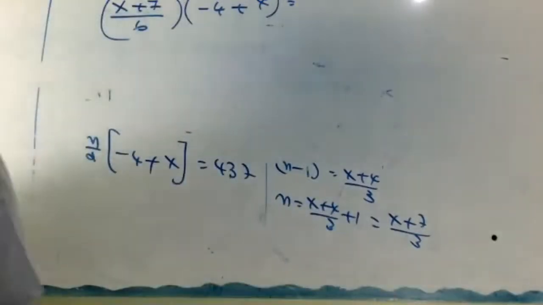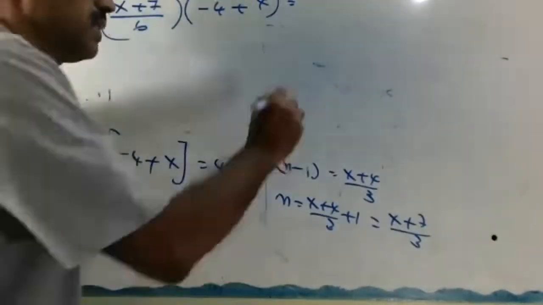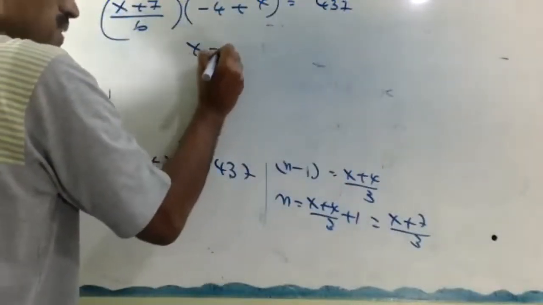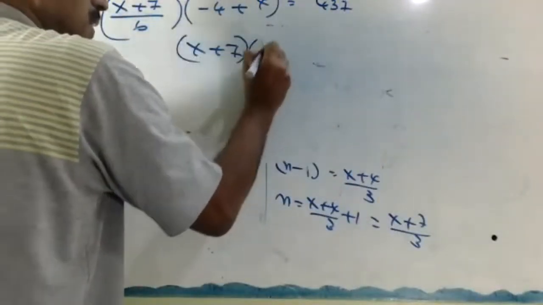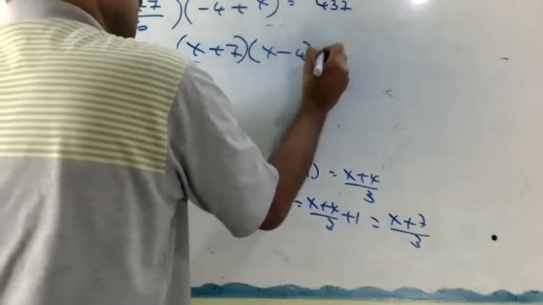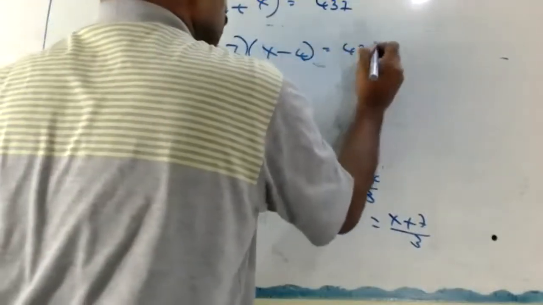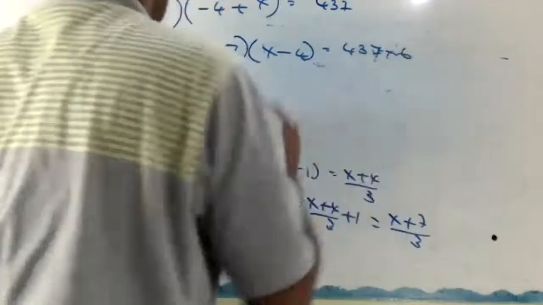Correct or no? Okay, that is (x plus 7) into (x minus 4) equal to 437 into 6.